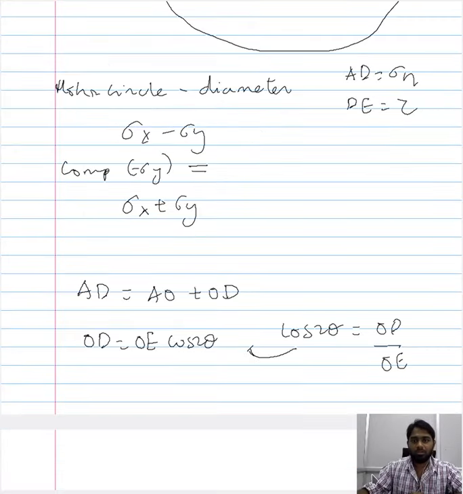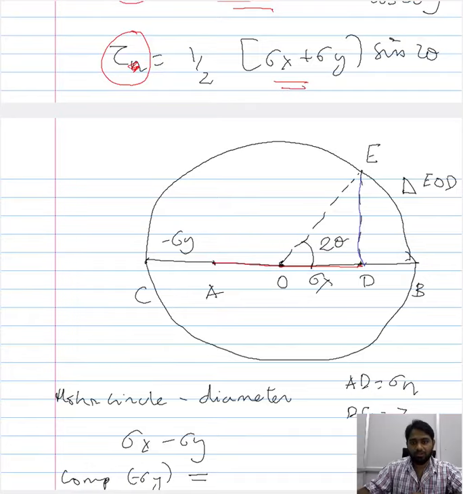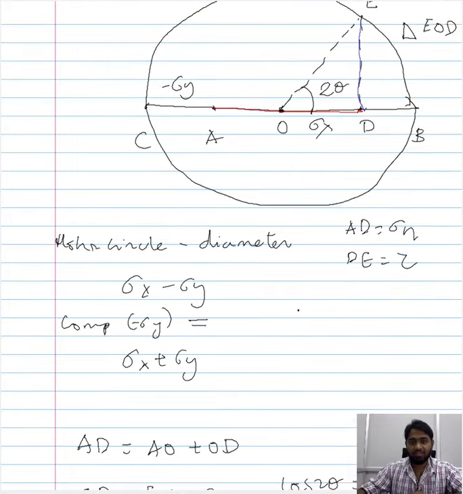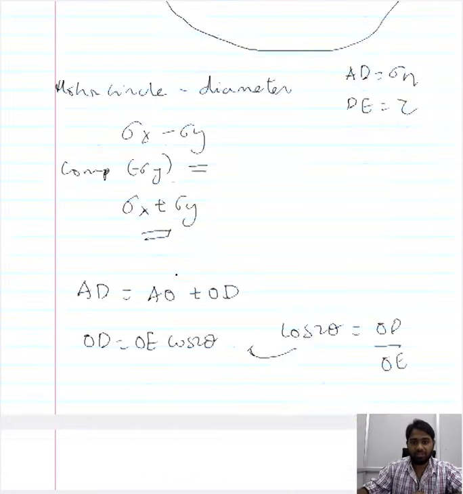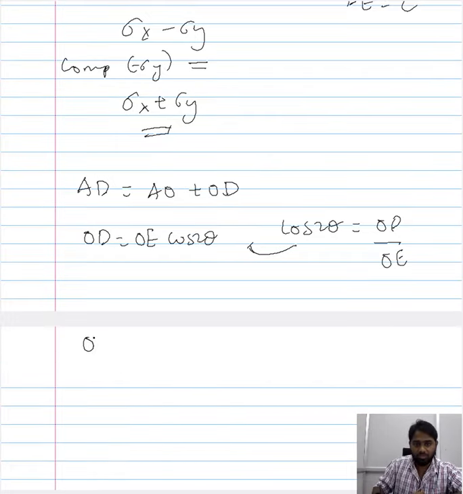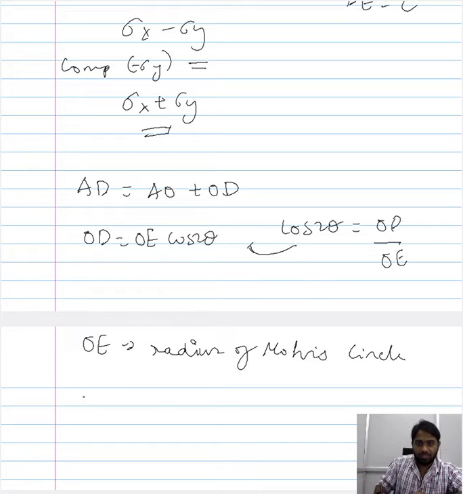Now this OE is nothing but the radius of the Mohr circle, and we have seen the diameter of the Mohr circle is sigma x plus sigma y, and therefore the radius of the Mohr circle, that is OE, would be 1 by 2 of sigma x plus sigma y.